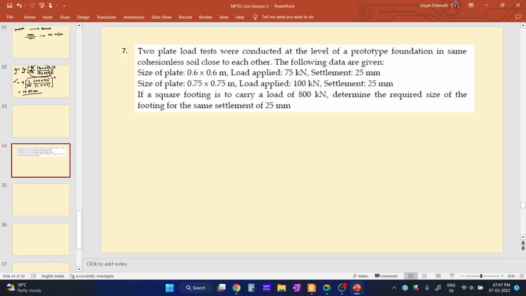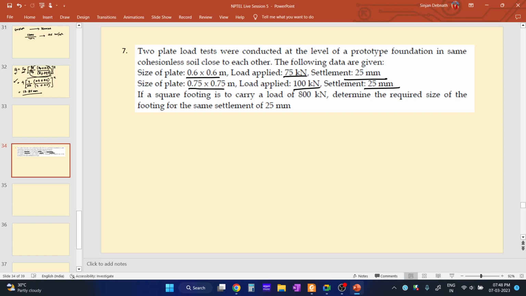So two plate load tests were conducted at the level of a prototype foundation in the same cohesionless soil close to each other. The foundation data are given over here. The size of plate is given, load applied given, corresponding settlement is given, and size of the other plate is given, load is given, and corresponding settlement is also given.